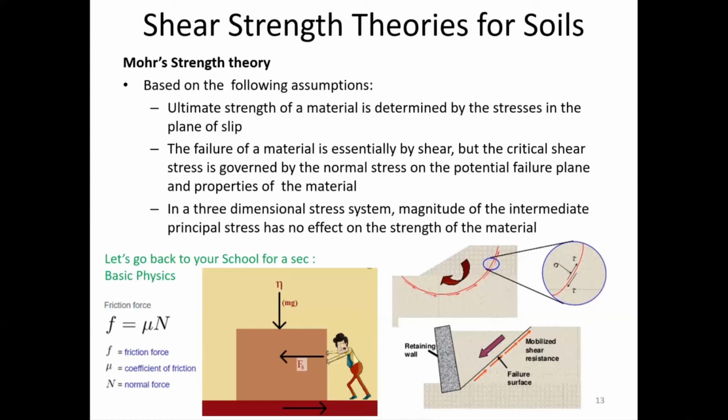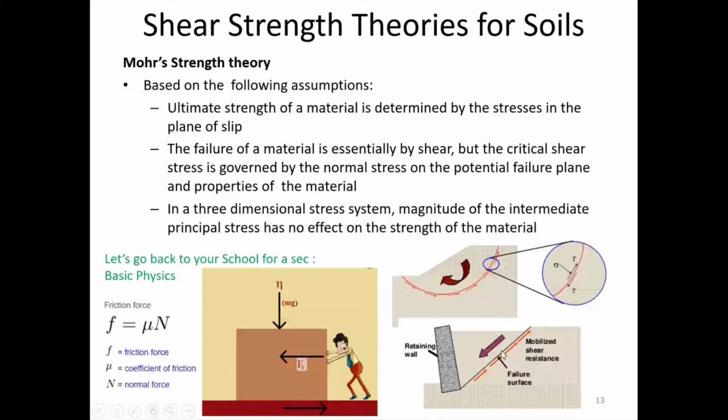Due to the load or the self weight of the soil, normal stresses were acting on the soil, and slowly it failed and got displaced along a particular plane. So the ultimate strength of the material is determined by the stresses in this plane of slip. The soil is going to fail along that particular plane on which there is a system of stresses.